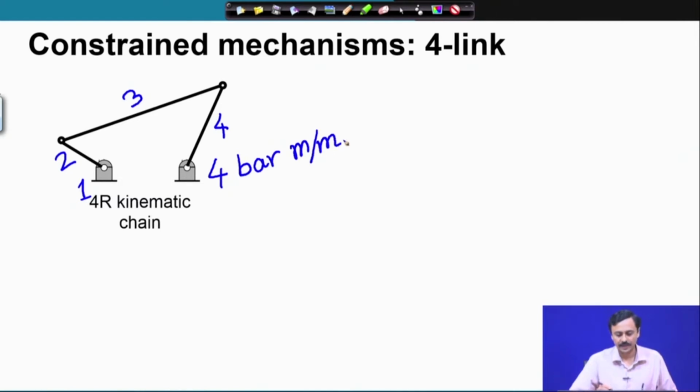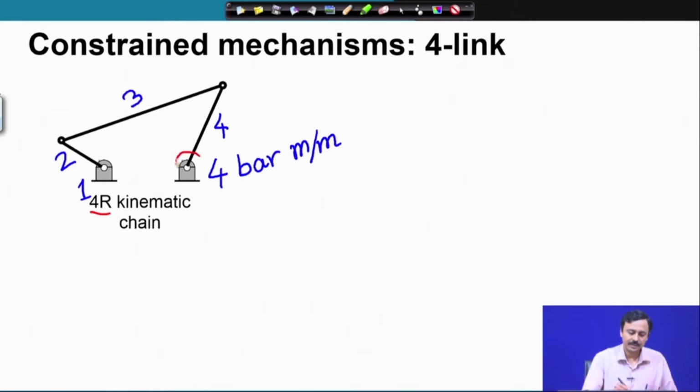Now, let us see what happens if I start replacing these kinematic pairs. In this case, they are all simple hinges, they are revolute pairs rather. Here they are revolute pairs. So, that is why it is sometimes called the 4R kinematic chain.